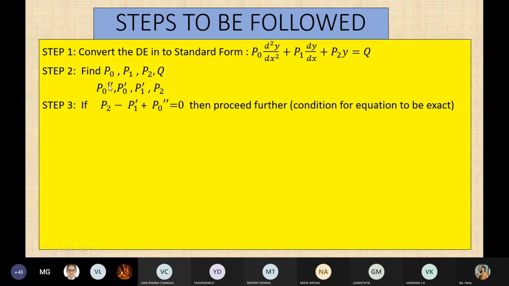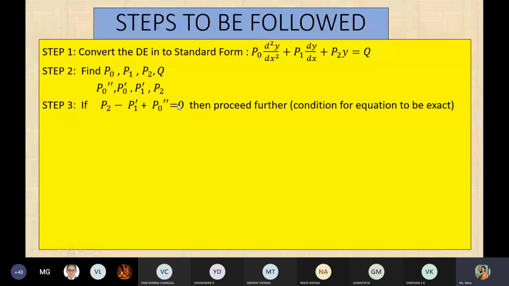This is equal to 0. If it is equal to 0, then only you can proceed. So make sure you determine this, and remember this equation.